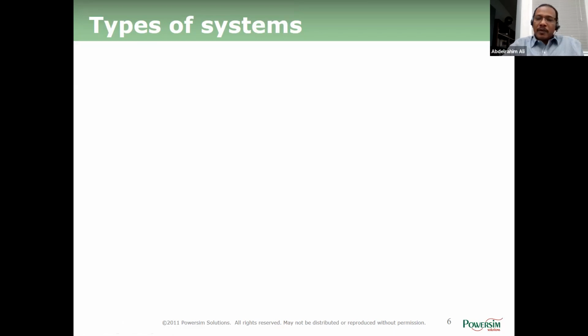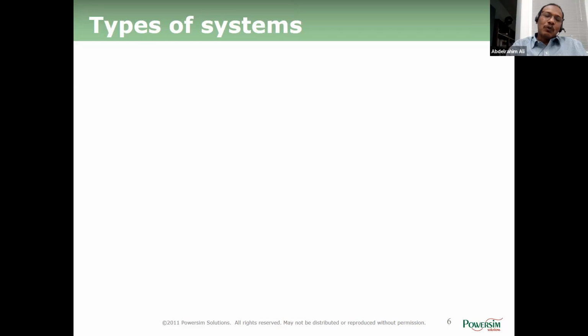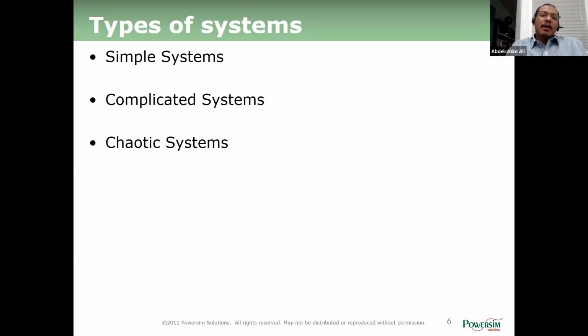Then we start from the end with the complex systems. Okay, you can classify systems into 4 main categories: the simple system, complicated system, chaotic systems, and complex adaptive systems.